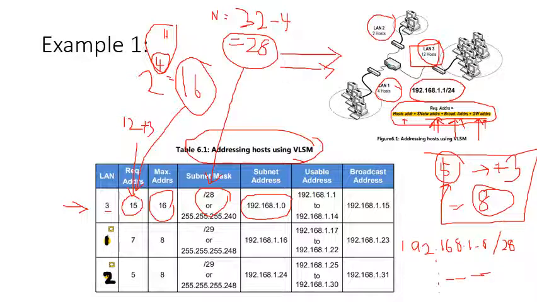Then put the partition after 4 bits, at the last octet. So 4 bits here are host, and the rest is net.